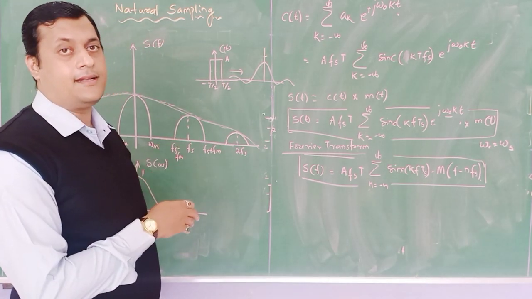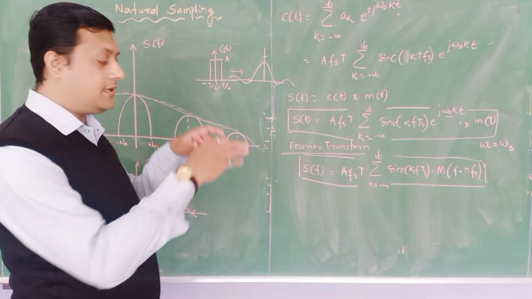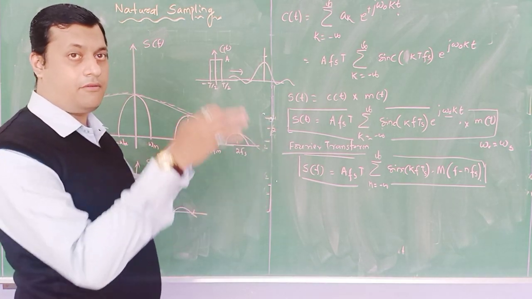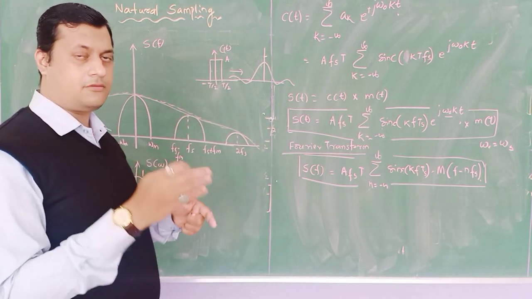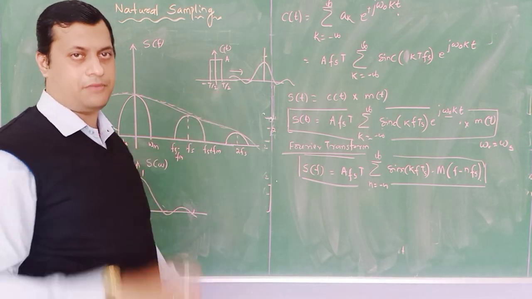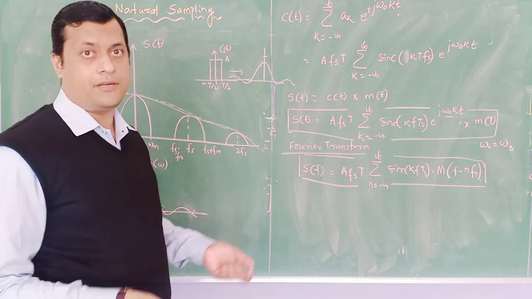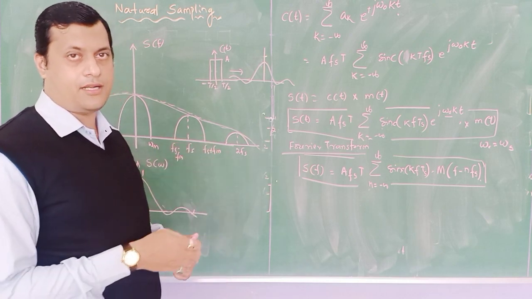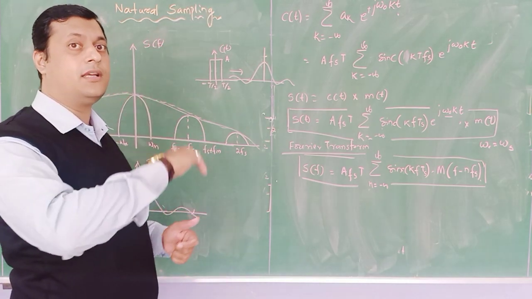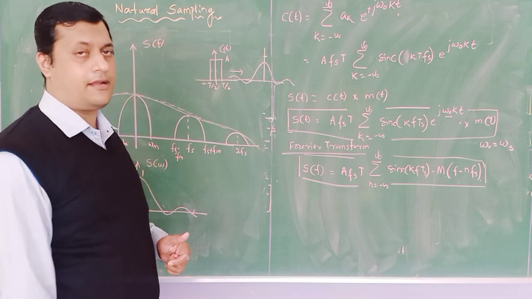In instantaneous sampling, we are getting all the spectrums of individual positions of fs, 2fs and all are having the uniform amplitude. But in the natural sampling, the amplitude differs because rectangular pulses we are using, which vary with respect to the modulating signal or continuous time signal.